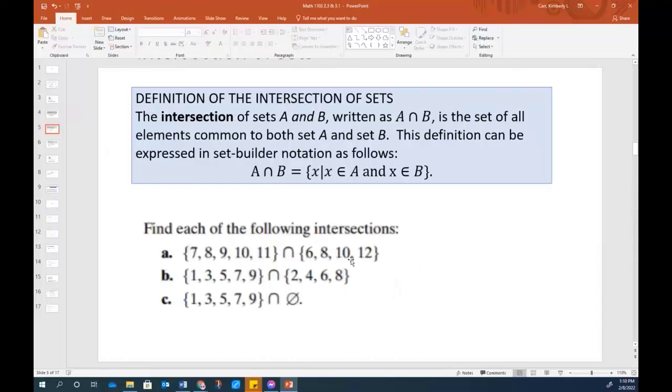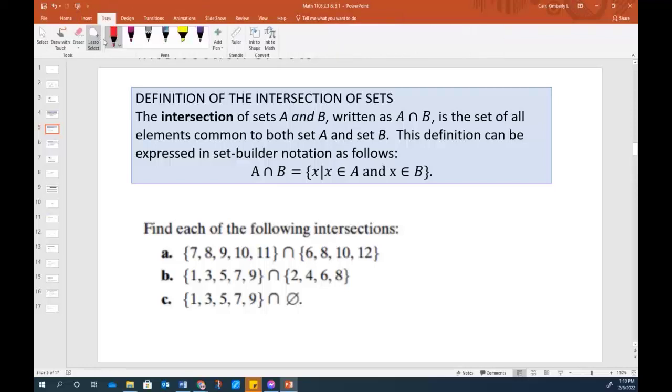So if we're going to find the intersections on these, let me read this through again, it's set builder. A intersect B is the set of all X such that X is an element of A and X is an element of B. So it has to be in both of them. So what is it that's in both of them?